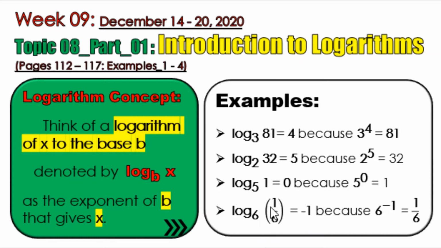To get 1/6, your 6 must be raised to negative 1. So we have 6 raised to negative 1 is equal to 1/6. Remember the laws of exponents that we discussed in the earlier tutorial videos. Therefore, logarithm of 1/6 to the base 6 is equal to negative 1.